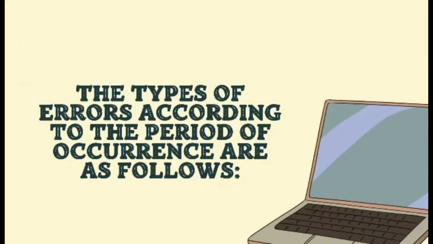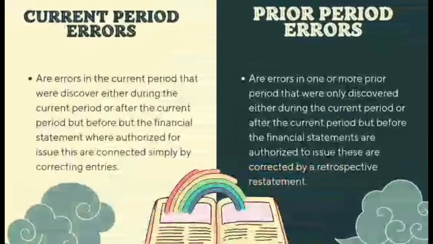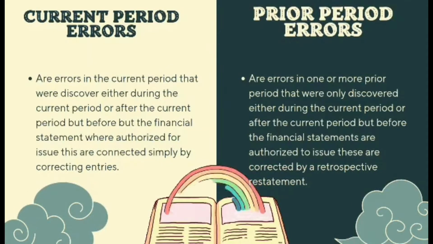The types of errors according to the period of occurrence are as follows. The first one is current period errors. Ito yung errors na na-discover during current period or after the current period but before the financial statements were authorized for issue. Iko-correct natin to by simply correcting entries.